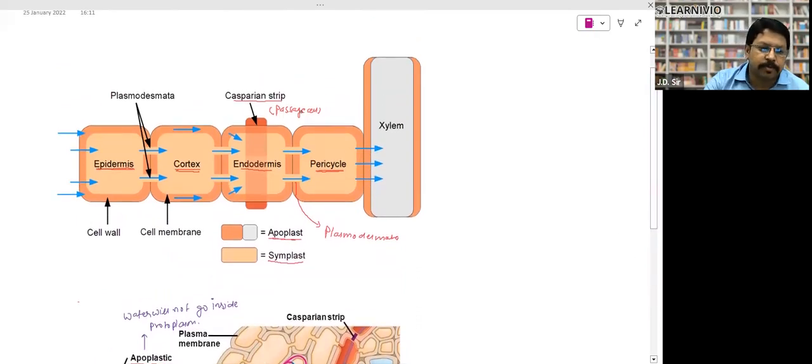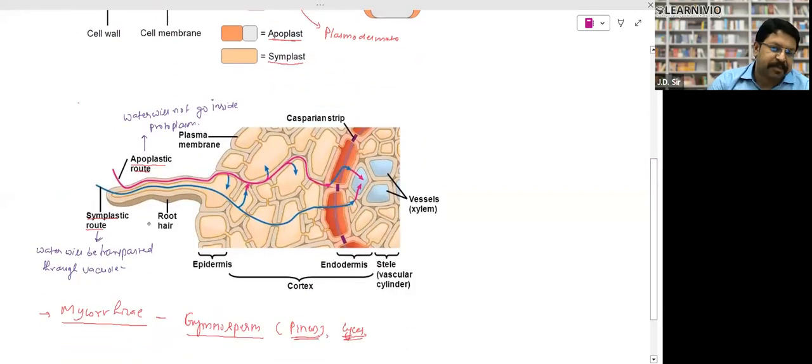This Casparian strip is made up of calcium pectate, basically, right? That is not permeable to water. So here in the endodermis, the apoplastic pathway cannot be followed. Here in the endodermis, the water has to enter into the protoplasm, and that is called the symplastic pathway. So in the endodermis layer, the symplastic pathway is followed. The apoplastic pathway is not possible.